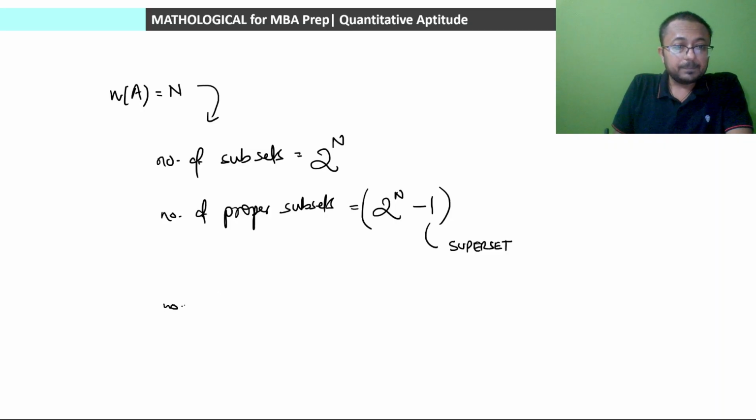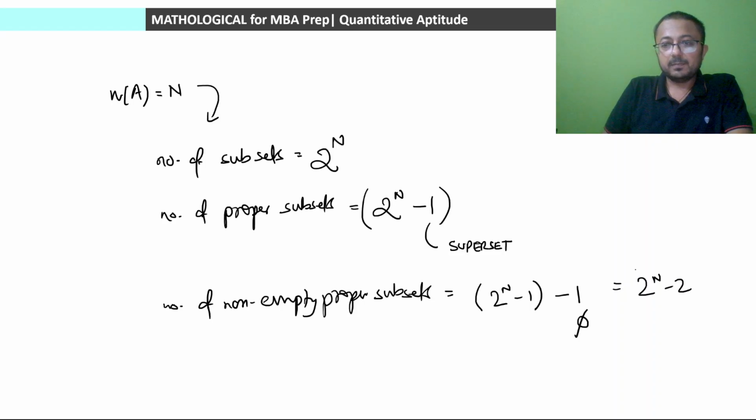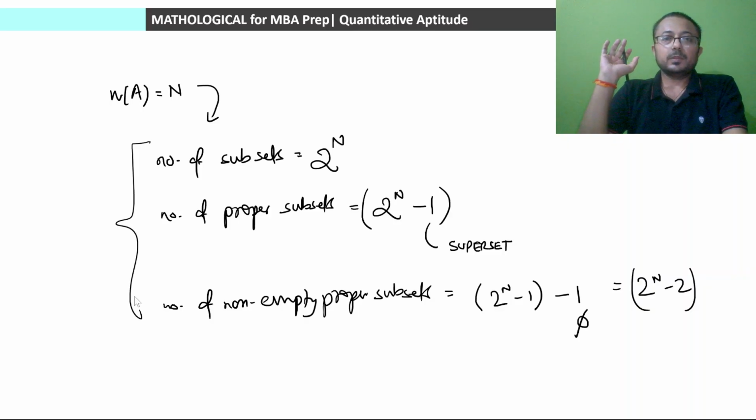Number of non-empty proper subsets: in such a case we are also removing the empty set, the null set, so the answer will be 2 to the power n minus 1, which is proper subsets, minus 1, which is the null set, so the answer will be 2 to the power n minus 2. Is this much clear? Okay, क्या ये समझ में आता है?